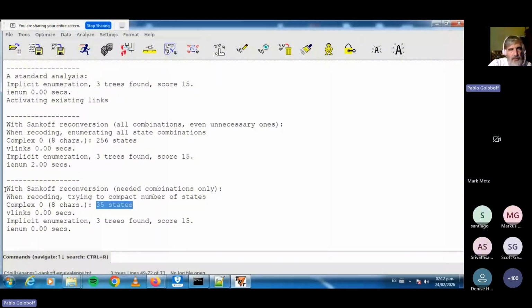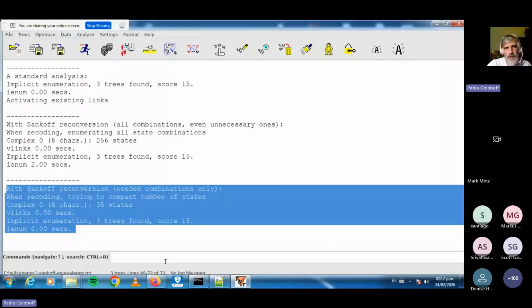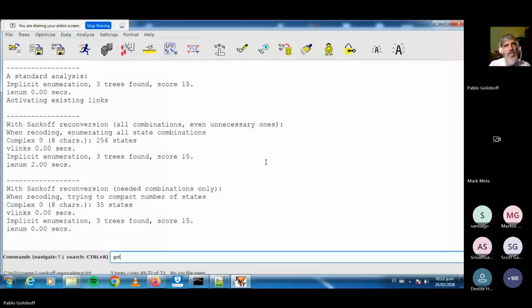So that would be the third case that the script is showing you. If you type go to test again, then I think this uses a different random seed. So this would be the tree.